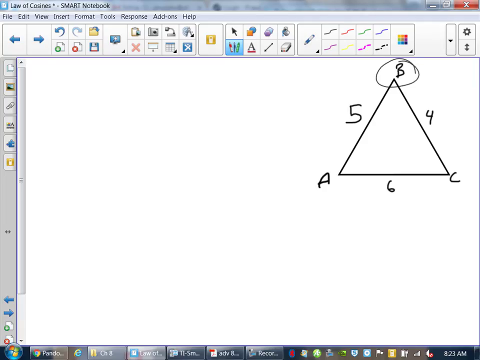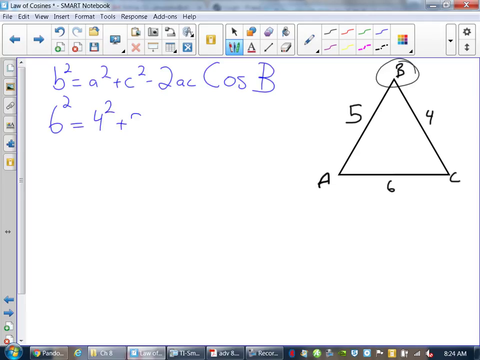So write out the formula in terms of B. Fill in the blanks of what you know. I know that little b is 6. Little a is 4. Little c is 5.